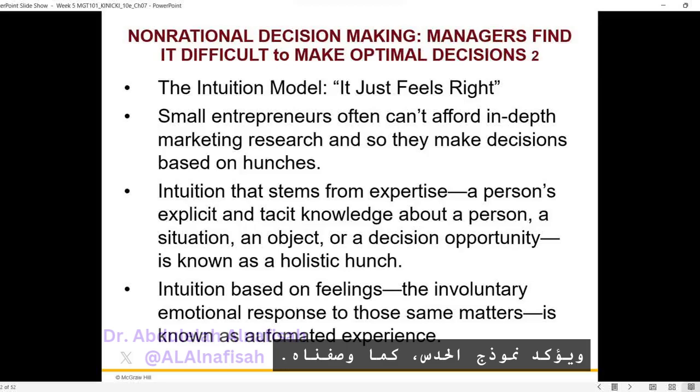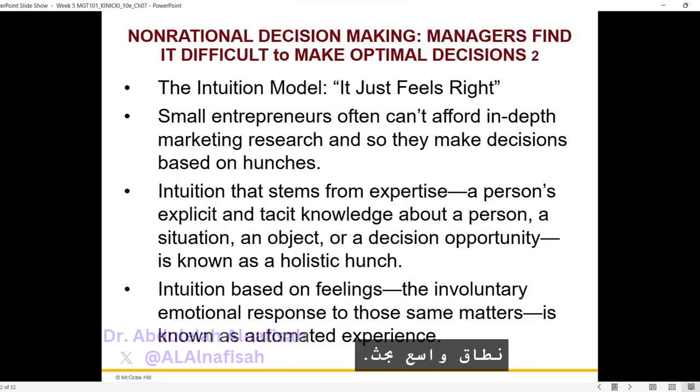The intuition model, as we described, emphasizes the role of intuition in decision-making, particularly for small entrepreneurs who may not have the resources for extensive marketing research. The model distinguishes between two types of intuition: holistic hunch and automated experience. 1. Holistic hunch.